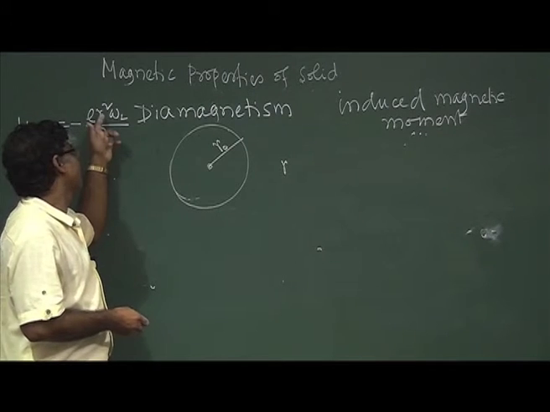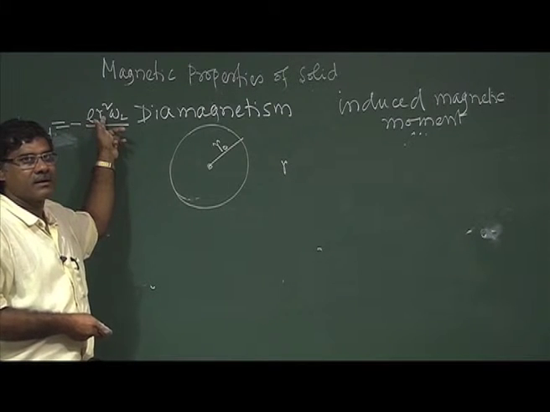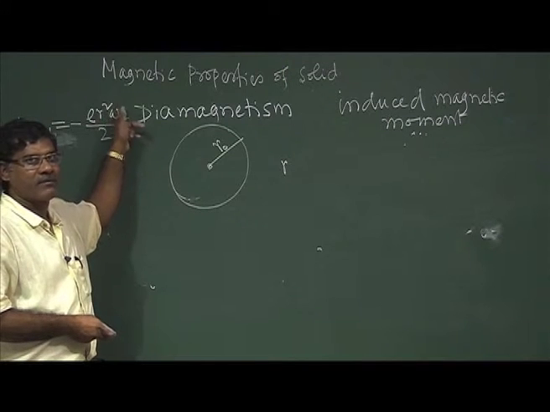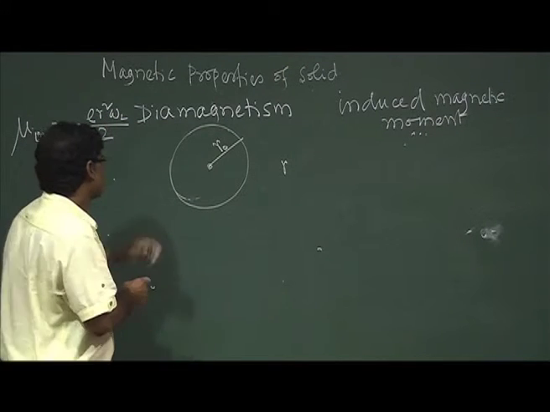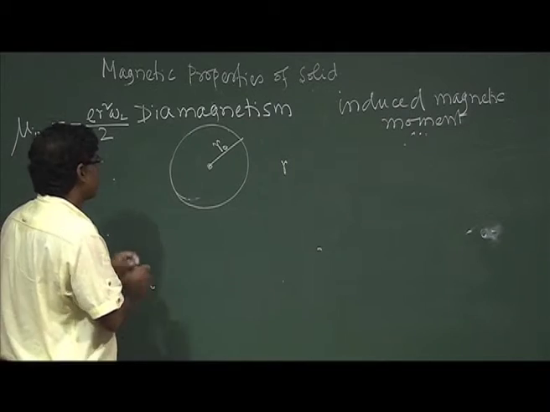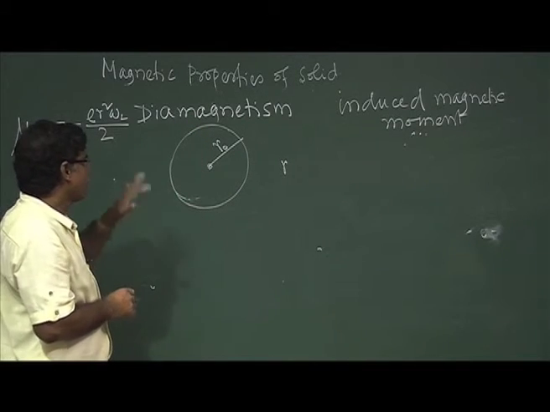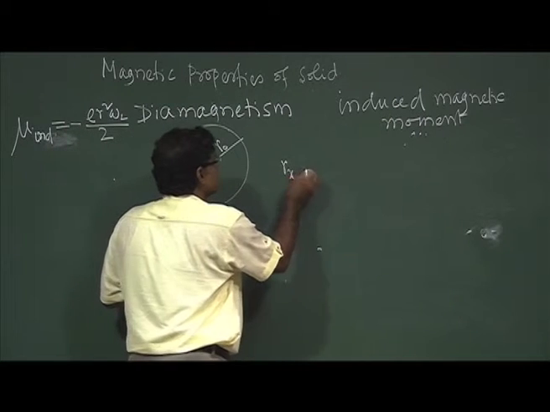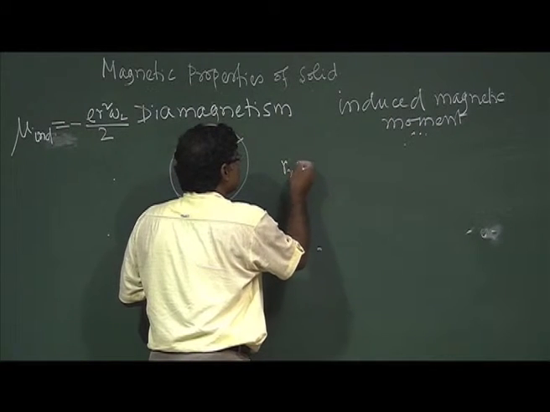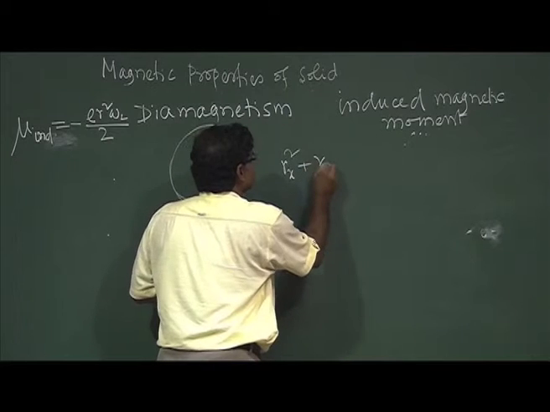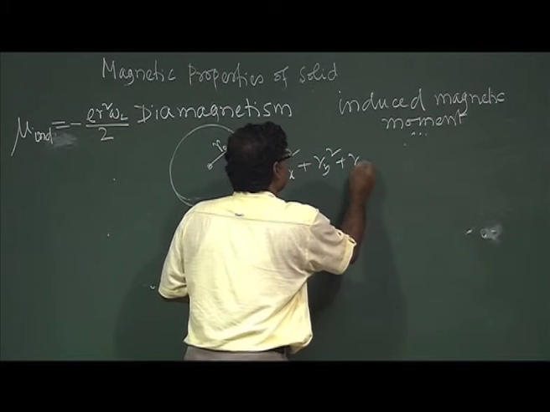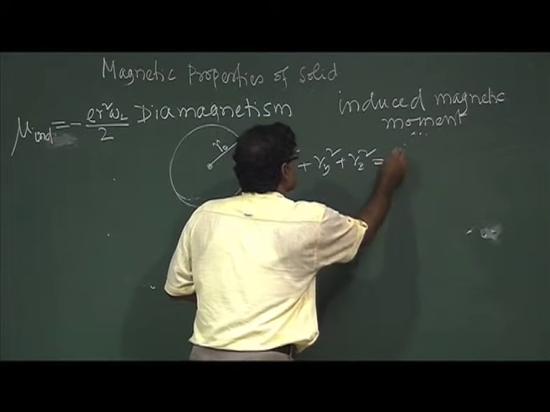So we would like to find the average r square. For spherical symmetry, if I take the x axis, y axis, z axis, I will get Rx, Ry, Rz, so Rx square plus Ry square plus Rz square is R square.